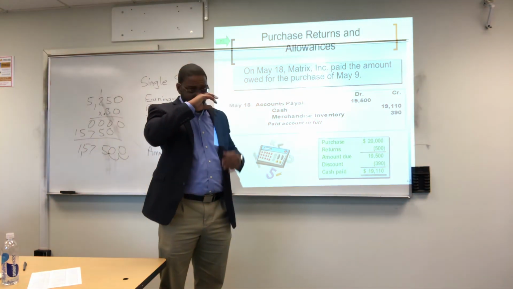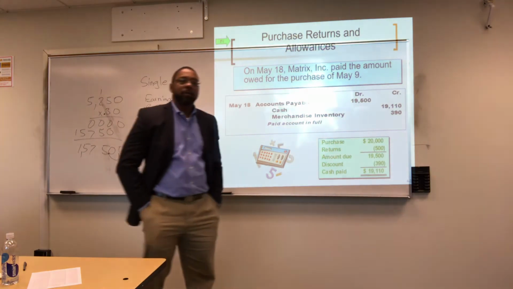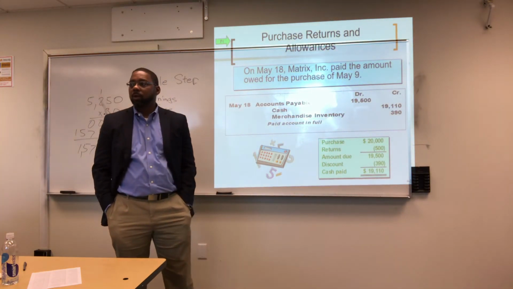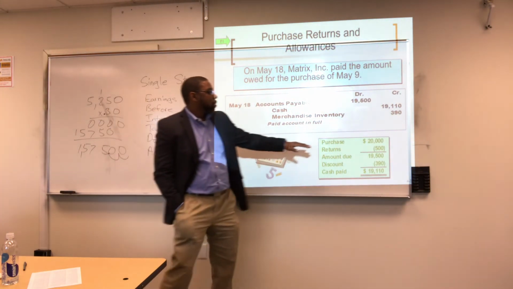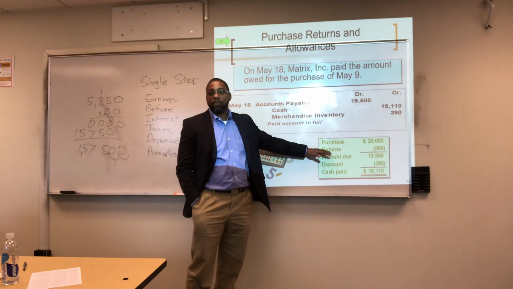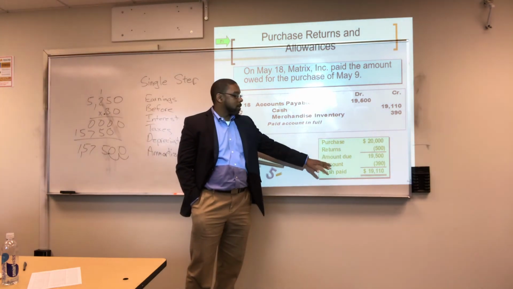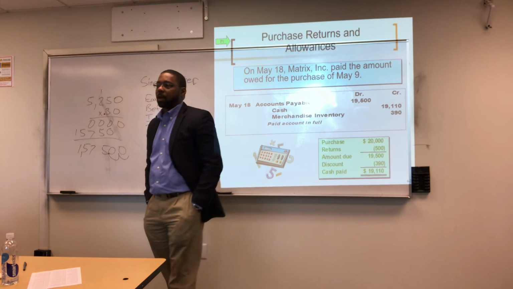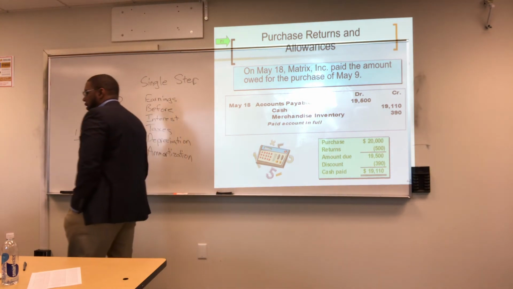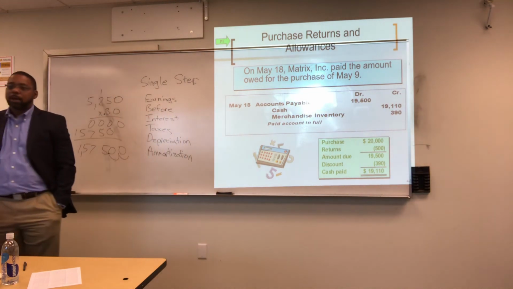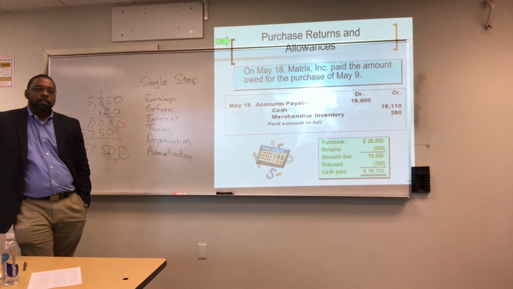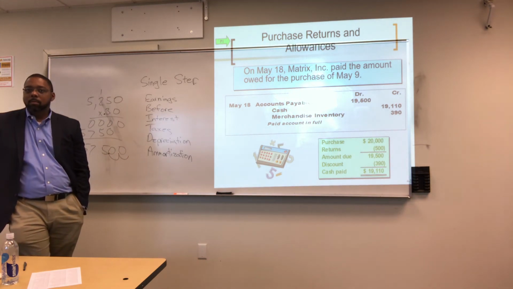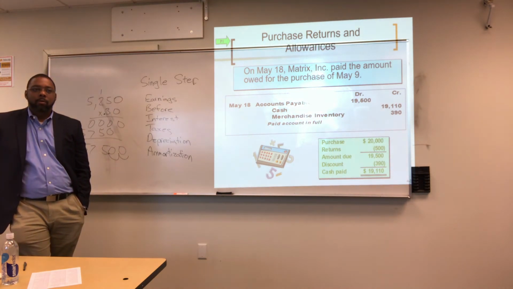It's going to be the remainder. Yes. Please make sure when you're doing this calculation, scholars, you take out the returns and allowance first. Then you apply the discount. Do not apply the discount before you do the returns and allowance. Everyone with me?